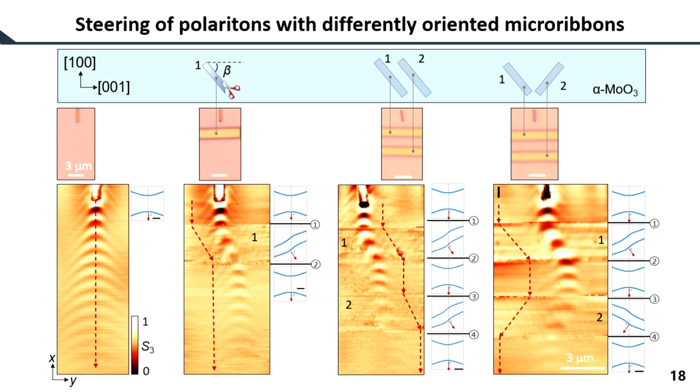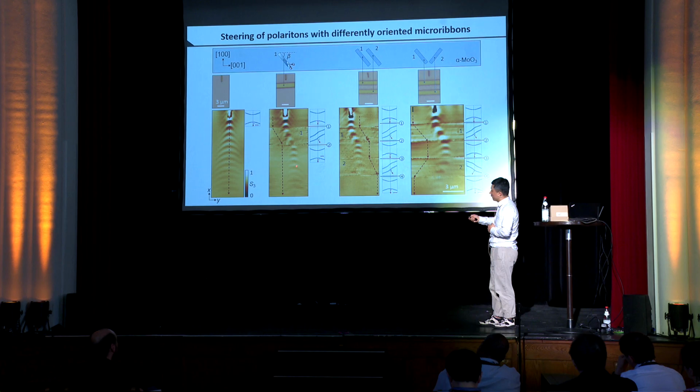Here they have created this kind of collimation mode, and the pointing vector, I mean the polariton light flow, just shifts to the right, and after the polariton refracts at the other interface, it goes straight forward through the hyperbolic propagation.